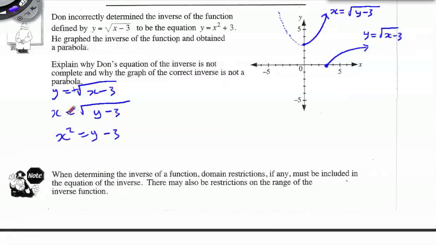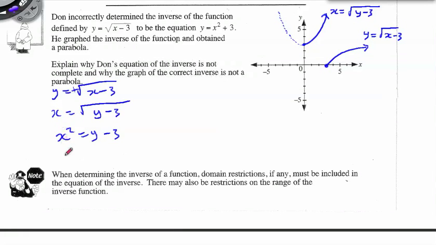And when I switch the x and y's and square, I'm forming a variable with a square. Now I didn't have a variable with a square here, but when I square, I end up with a variable with a square. And we know when we solve or graph variables with squares, we try and square root this again.